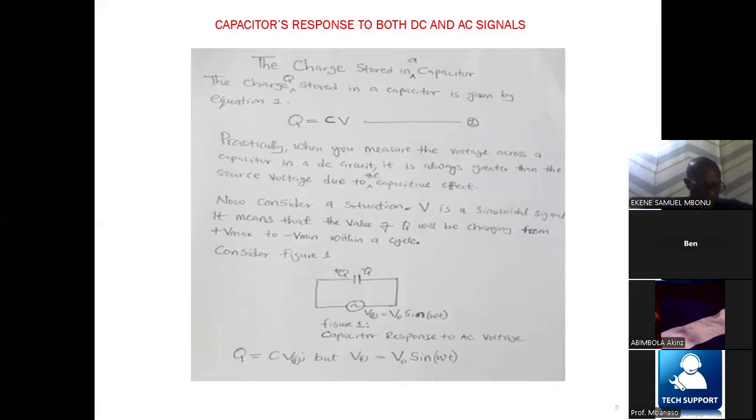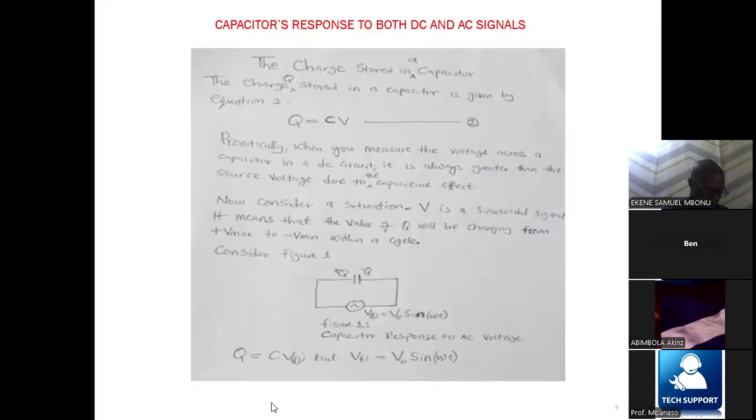Is there anybody here who has tried that? No, sir. Okay, if you try it, what you are going to get is that immediately after you connect your capacitor, the voltage across the capacitor will always be above the voltage of the source.